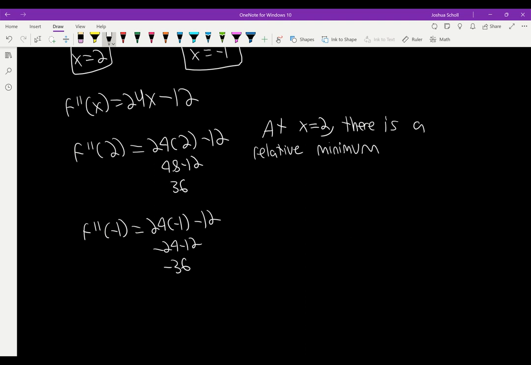And we know at x equals negative 1, because negative 36 is less than 0, there is a relative maximum.